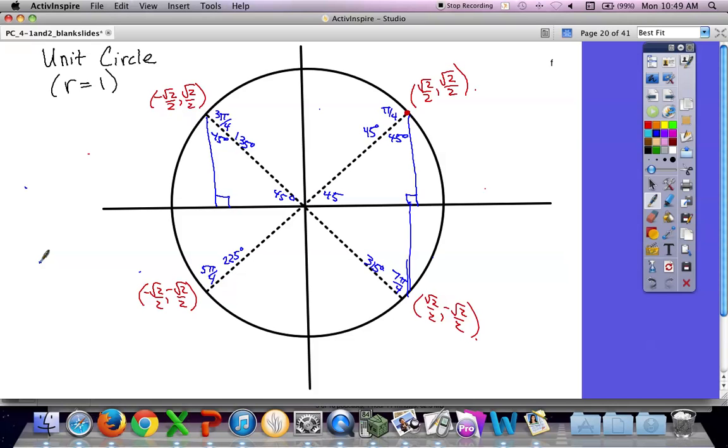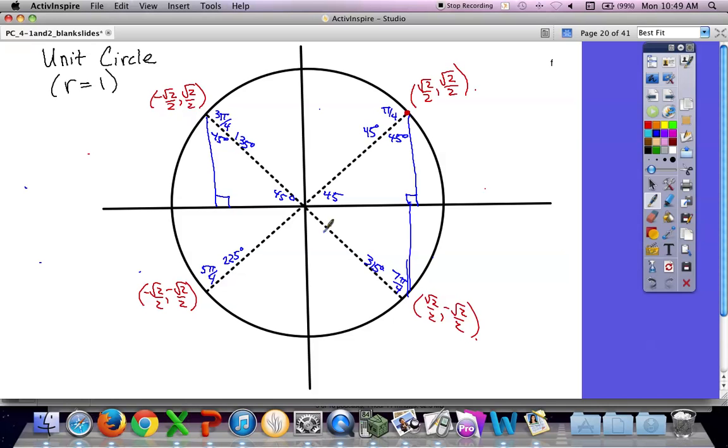Now, when it comes to the measures of the angles, again, we say that's 45 degrees. That's halfway between 0 and 90. And these are multiples of 45. 0, 45, 90, which we don't have to write because we already got it. 135, 180, 225, 270, 315, 360.